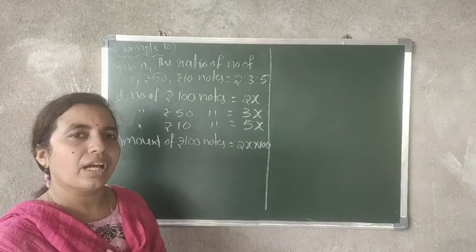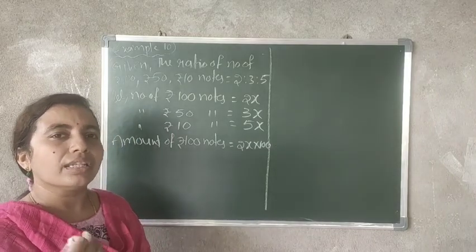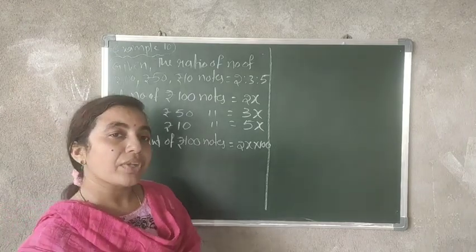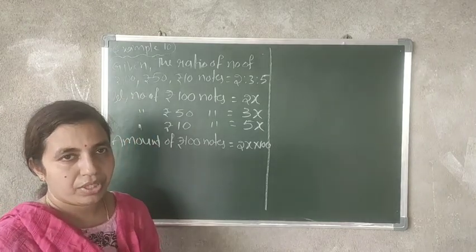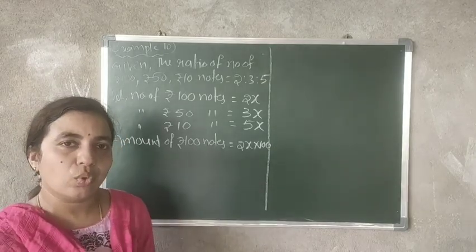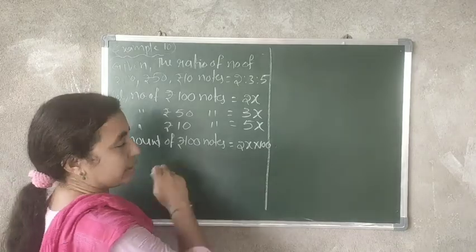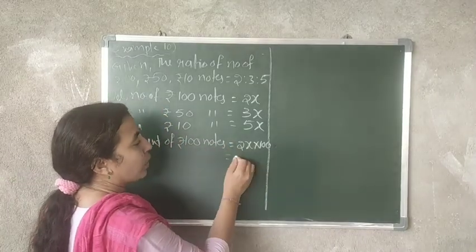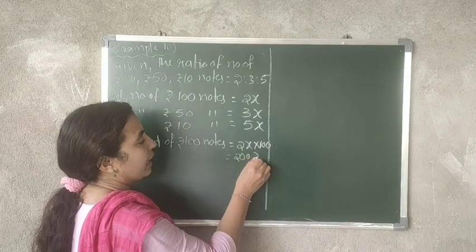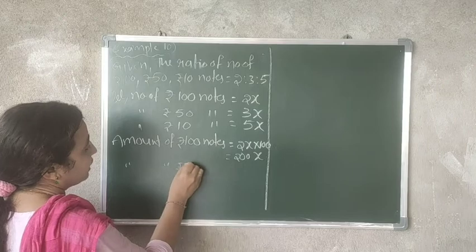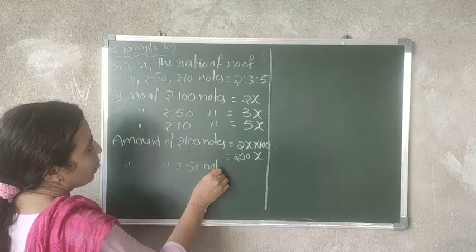If I have 6 notes of 100, I do 6 into 100, which is 600 rupees. Here 2x notes of 100 rupees are there, so you multiply 2x into 100, which is 200x.